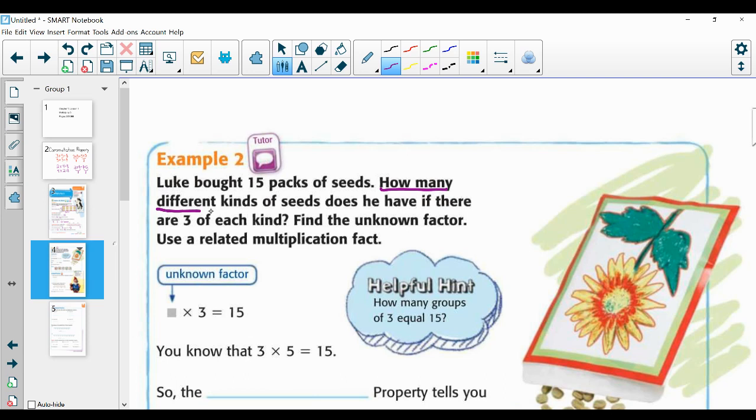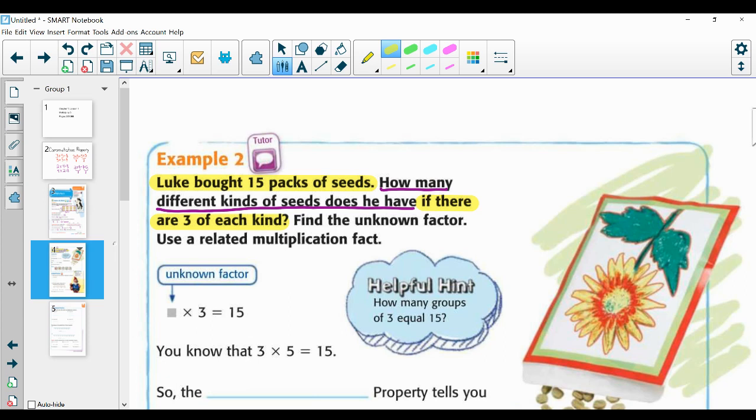So how many different kinds of seeds does he have if, let me highlight this, there are some of each kind. So let's not read the question that I underlined in purple. We are just going to read the part that I highlighted in yellow without the numbers so we can visualize. Luke bought some packs of seeds. If there are some of each kind.